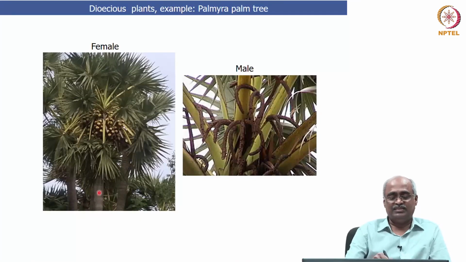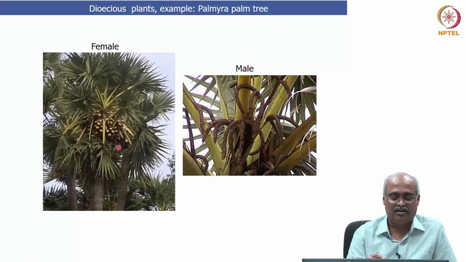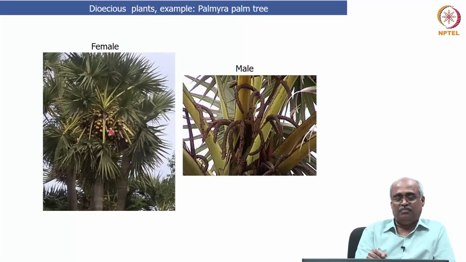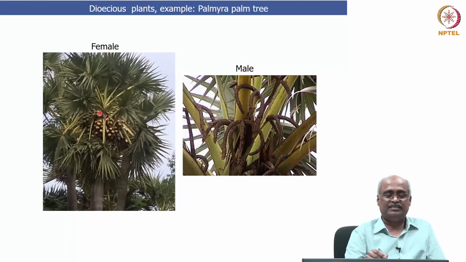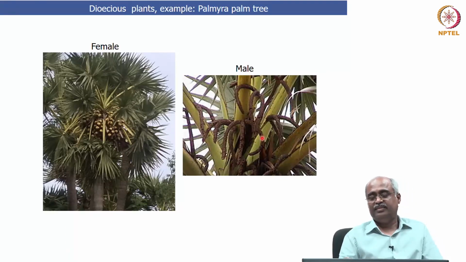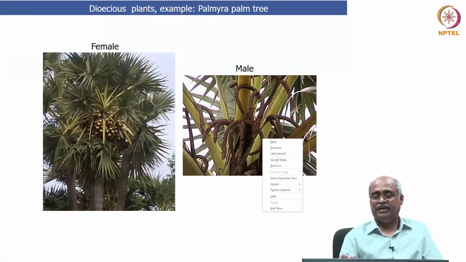Yes, this is the tall palm tree that you see everywhere in many parts of India and Southeast Asia and so on, and this one has seeds, this produces the palm fruit, and this is the female plant producing the female reproductive structures. And this is how the male plant reproductive structure looks like.